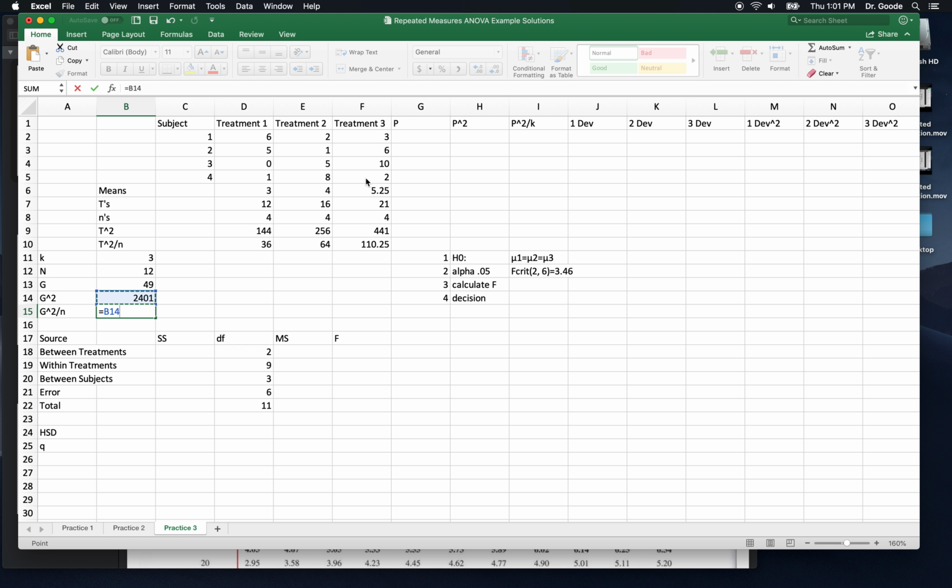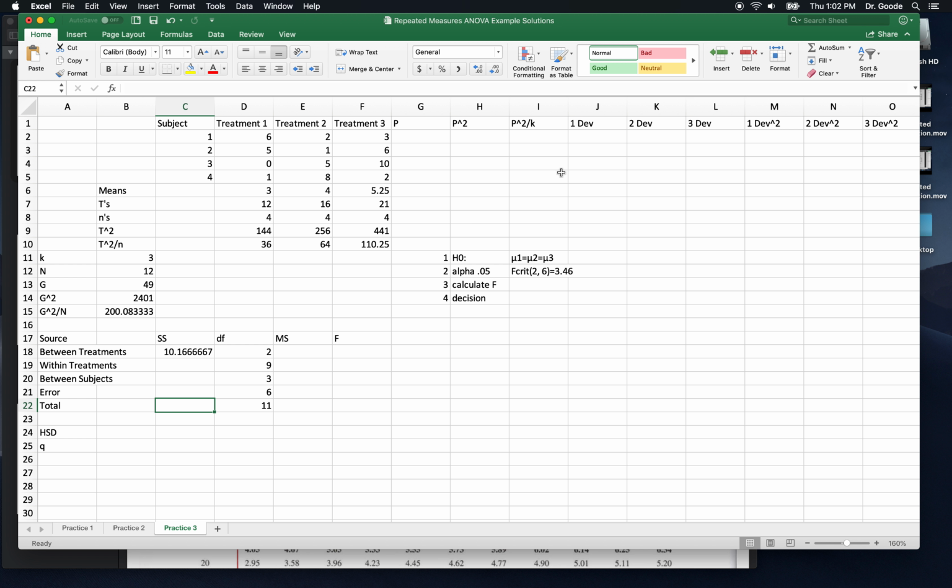And we'll need g squared over, that's not little n, it should be big N. Let's change that. G squared over big N. Okay, now we've got everything we need to do sum of squares between treatments, which is the sum of these t squared over little n's. Ooh, not that one. This one. T squared over little n minus, not divided by, minus g squared over big N. Okay, that's between treatment sum of squares.